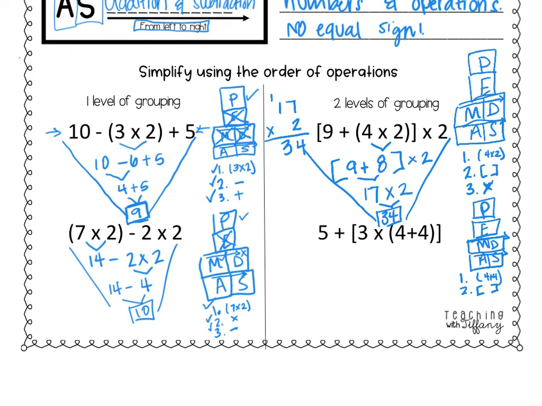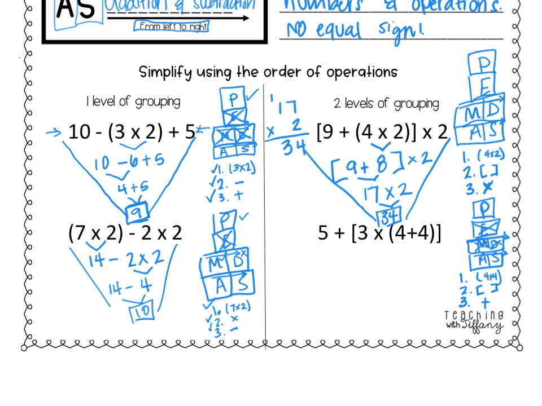Do we have any multiplication and division from left to right? We do not. And now we look for addition and subtraction from left to right. Do I have any addition or subtraction from left to right? I have addition. So now I will solve this equation using my order of operations.